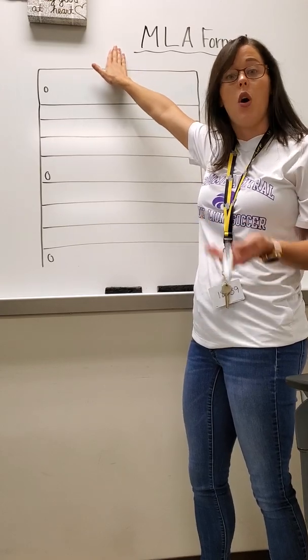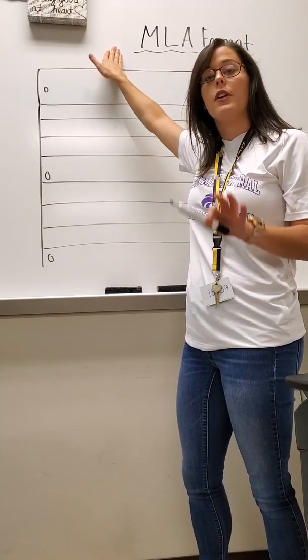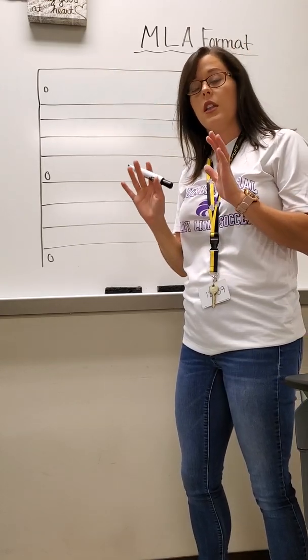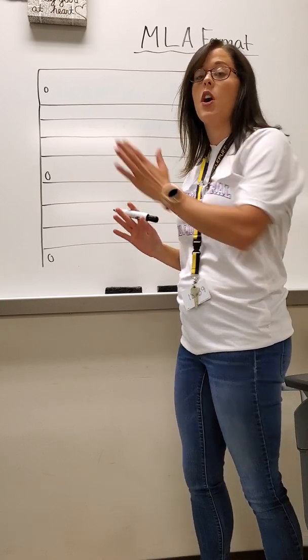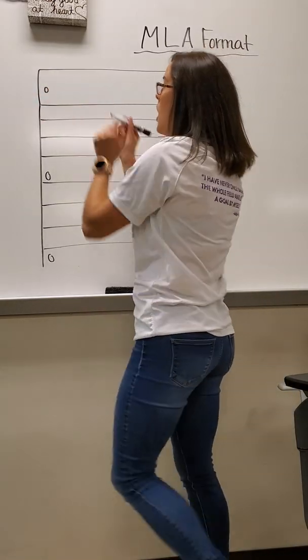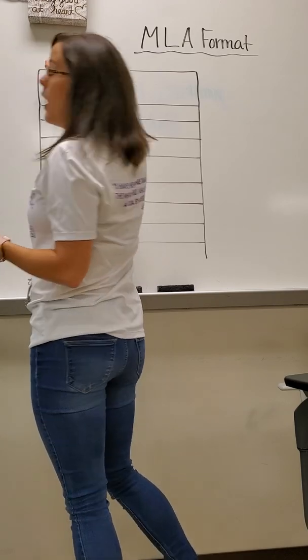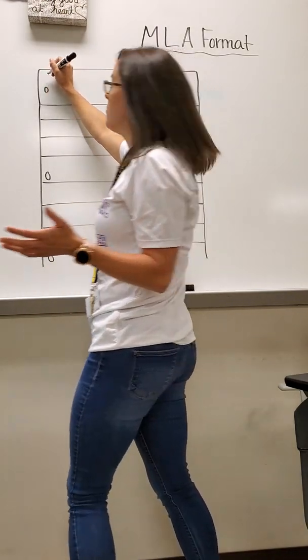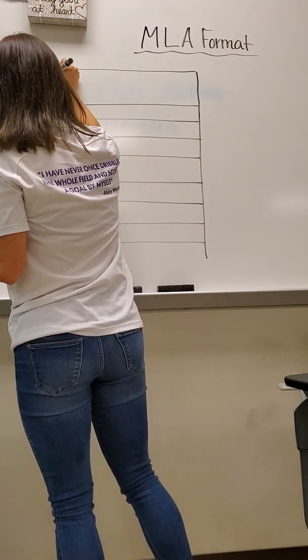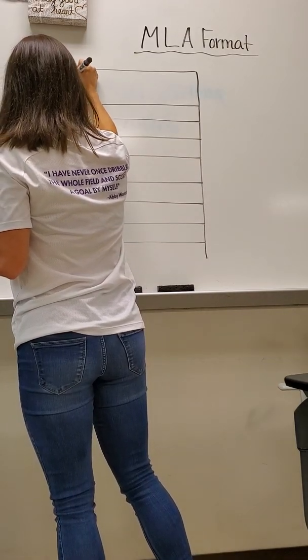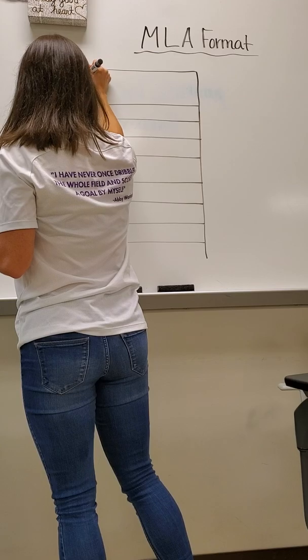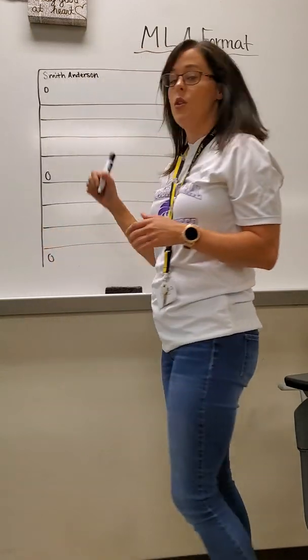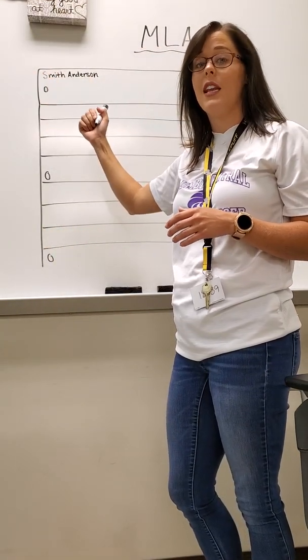So the first thing that you always do with any paper is you put your name. Now the difference with MLA is that you put it on the left-hand side at the top. So I'm going to use Smith Anderson. You need to have your first and last name written.